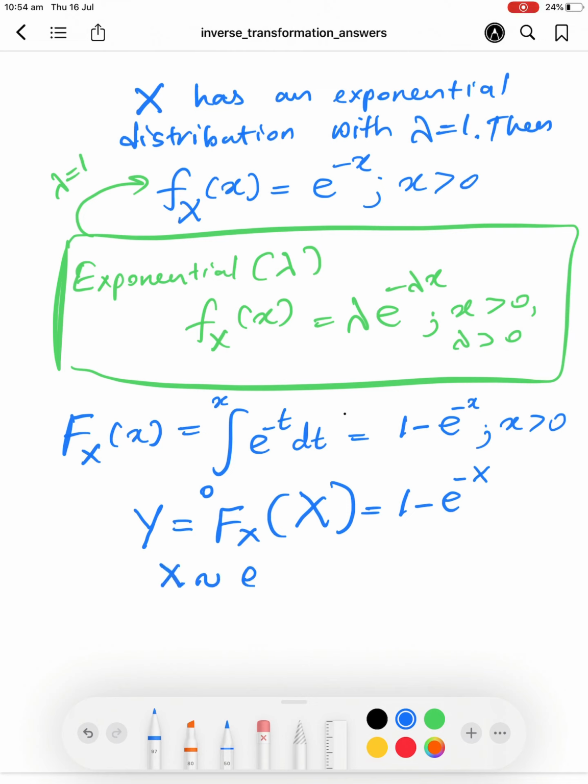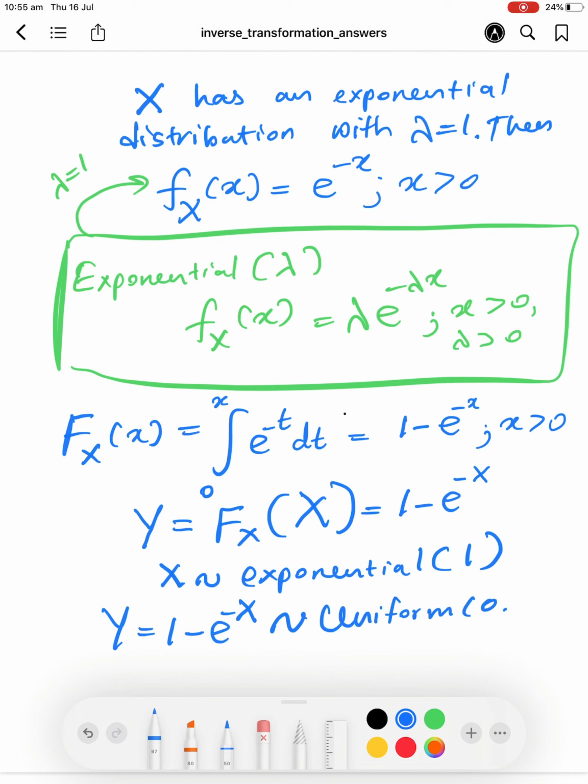According to the theorem, if X follows an exponential distribution with parameter 1, then the new random variable Y equals 1 minus e to the power minus X follows a uniform distribution with 0, 1. This is the random variable formed by its CDF. And this new random variable will always have a uniform distribution with parameters 0 and 1.